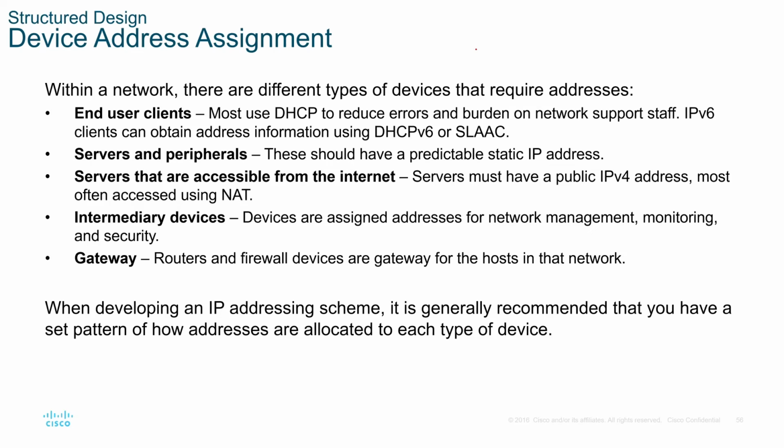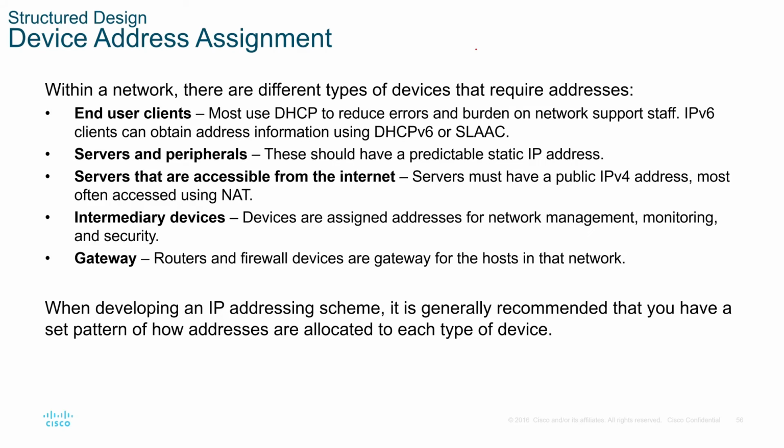Most of the end users will use DHCP, Dynamic Host Configuration Protocol, to reduce errors and burden on network support staff. IPv6 clients can obtain address information using DHCPv6 or SLAAC, Stateless Address Autoconfiguration. Servers and peripherals should have a predictable static IP address.